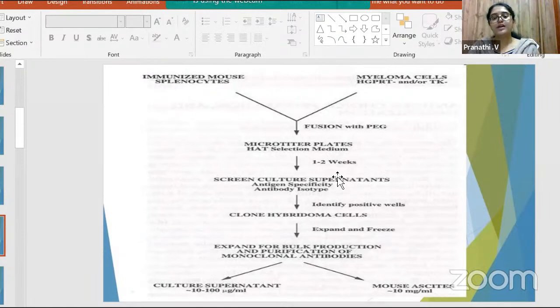Then after 1 to 2 days, you have to screen the culture supernatants. So you have to test the antigen specificity, antibody isotype, identify the positive wells, and clone the hybridoma cells. Then you can freeze the cells, or again give them into the mice, and from the mice sera, or in the mice, you can remove these particular antibodies.